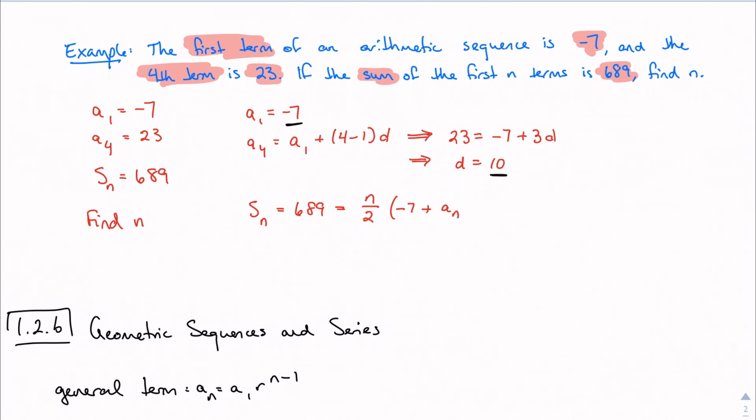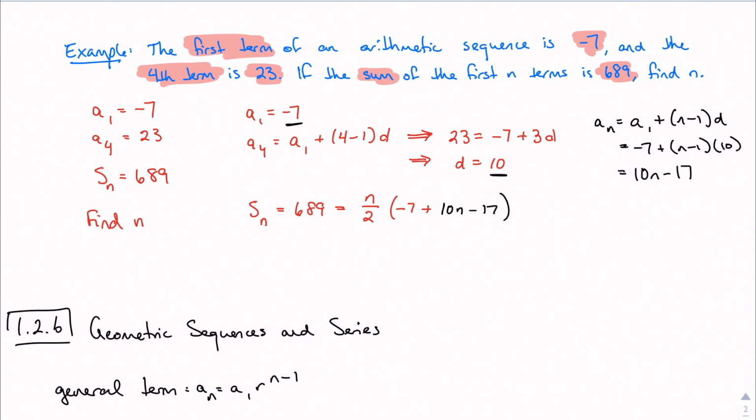So just as a sidebar here, a sub n is a sub 1 plus n minus 1 times d. So I have -7 plus, well, we don't know what n is yet, so we have to leave that alone. d is 10. So I get 10n minus 10, so I have 10n minus 17. And that's going to go in for my a sub n.